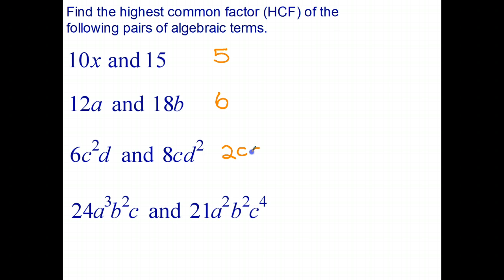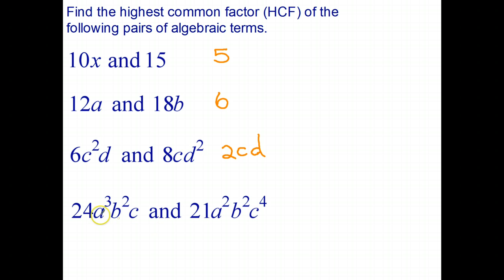So once again, what's common to that is one factor of d. So the highest common factor is 2cd. And once again, we had to virtually look at the highest common factor of 6 and 8, then the highest common factor of c squared and c, and finally the highest common factor of d and d squared.